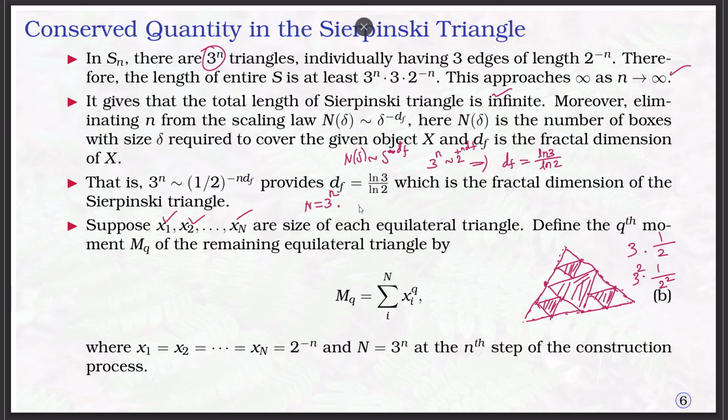Each of its size is 2 power minus n. The qth moment of the remaining equilateral triangles, that means the triangles remaining after removing, is defined like this. So here each xi equals 1 by 2 power n, and the total number of triangles is 3 power n at the nth step of the construction process.